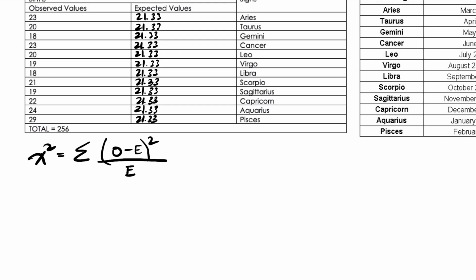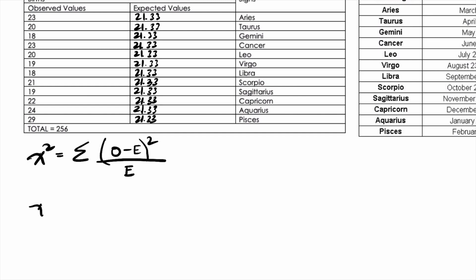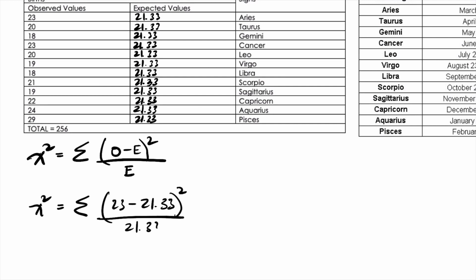This is the work we're going to show. I'll show the first two, how they're calculated. The first one: 23 minus 21.33 squared divided by 21.33. Plus the next one, Taurus: 20 minus 21.33 squared over 21.33.